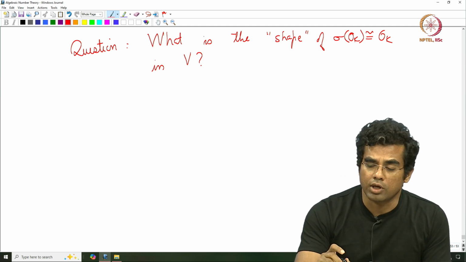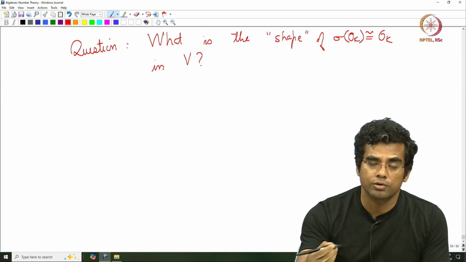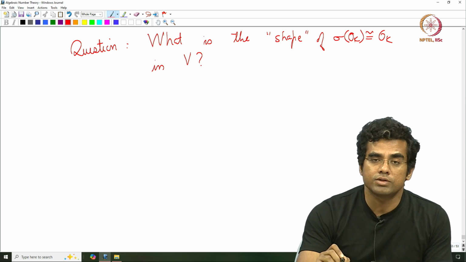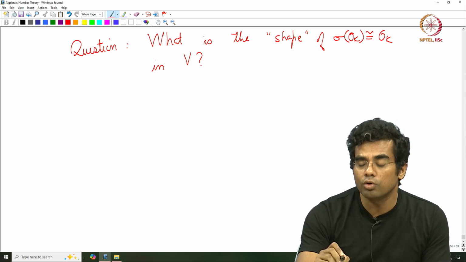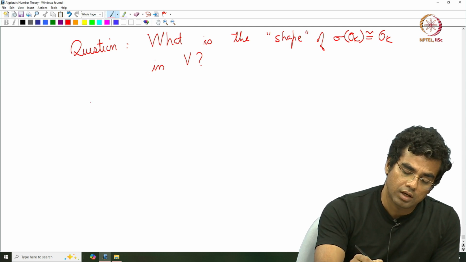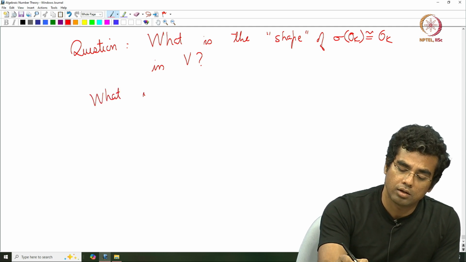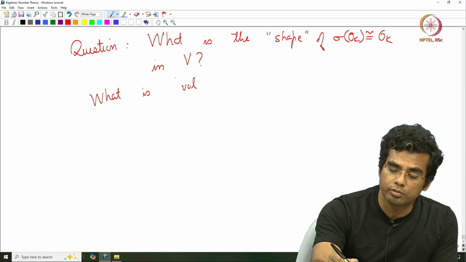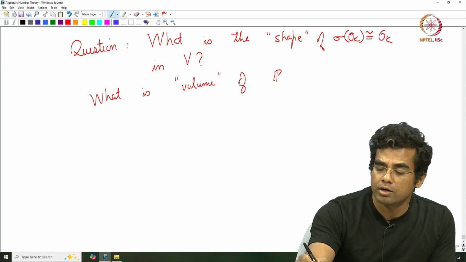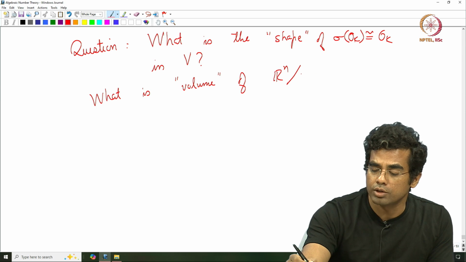One of the ways to capture this shape, but of course not tell everything about the shape, is to find its volume. Okay. So, the co-volume of this lattice, which means the volume of R to the n modulo this OK.